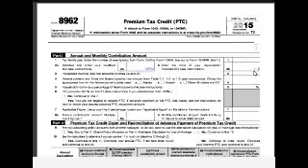And then line 3 is the total of 2A plus 2B. So most of the time it's going to be 2A because most dependents are not working, but some are working. If they work and they have income, you have to input in 2B the total of your dependent's modified adjusted gross income. So we're going to add here 2A plus 2B.